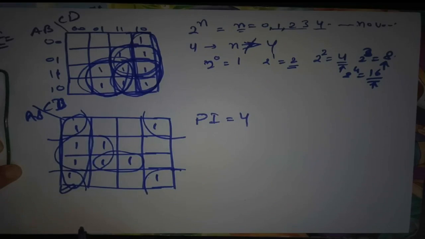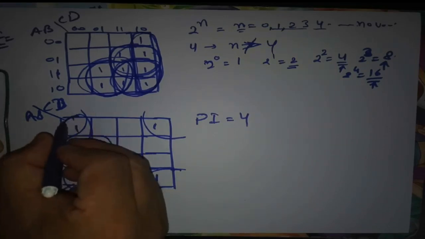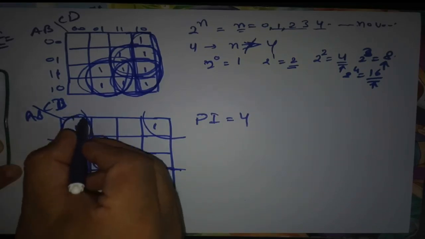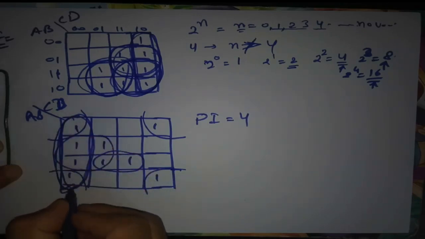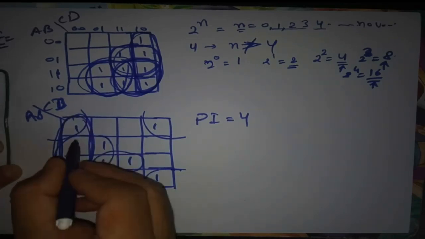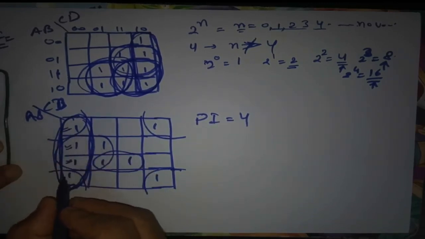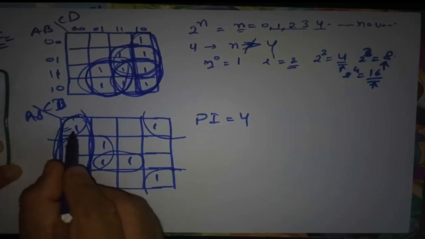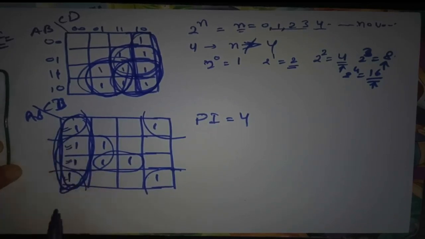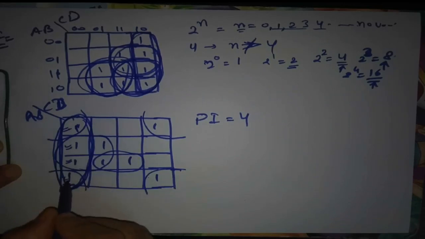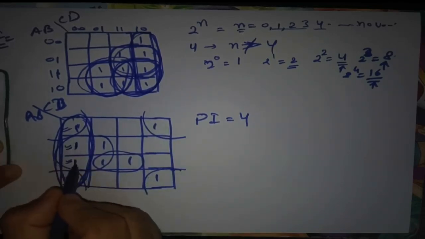Clear? Now if we see this group, it has 4 cells, and these four cells are associated with the other groups also. That means this one and this one are associated with the corner grouping, and these two ones are associated with this square grouping.